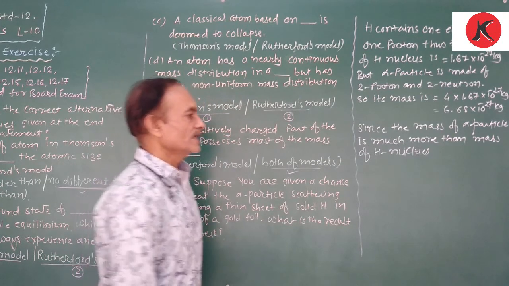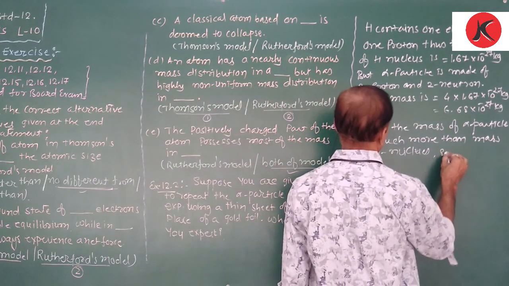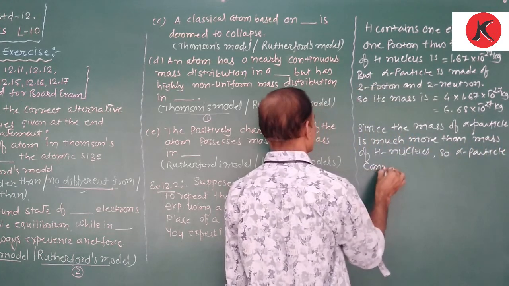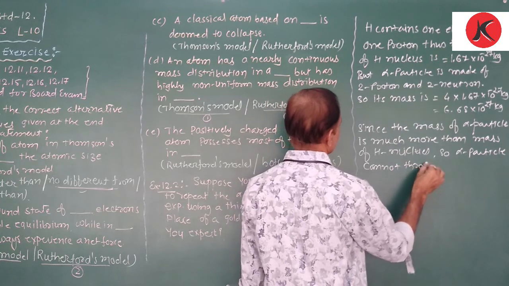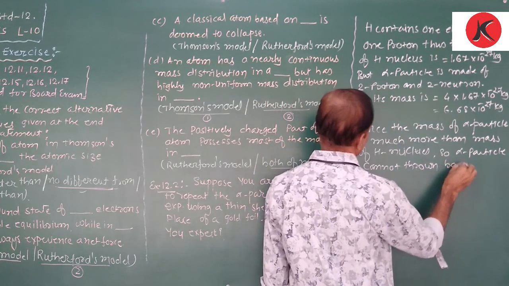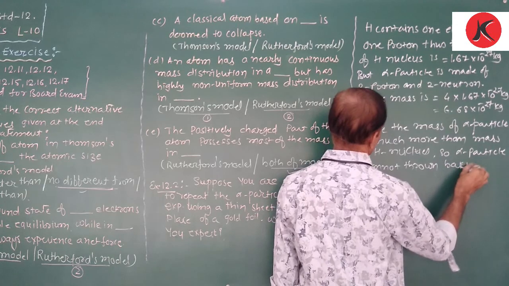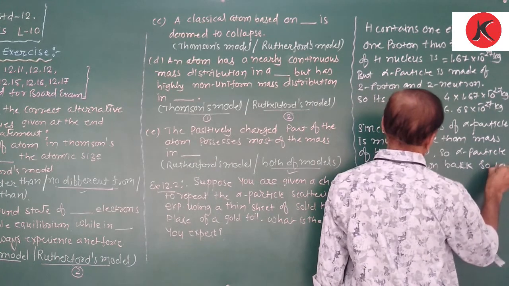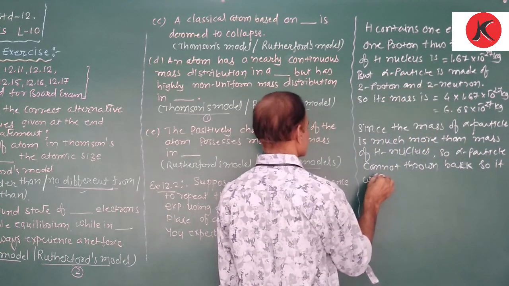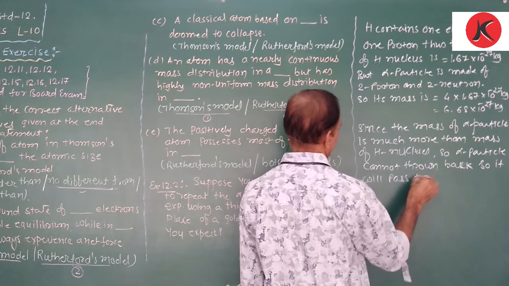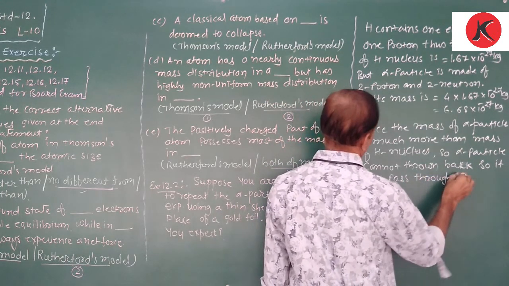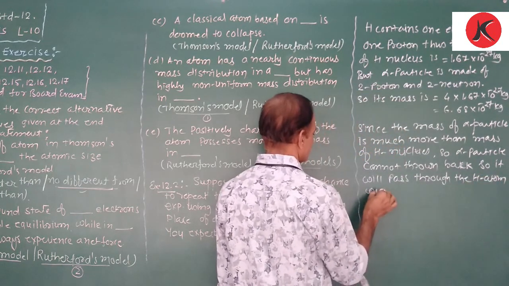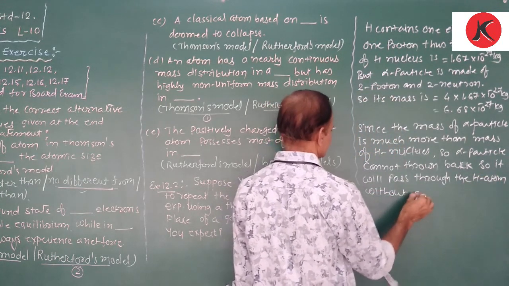So it cannot be thrown back. The alpha particle cannot be thrown back, so it will pass through the hydrogen atom without diversion.